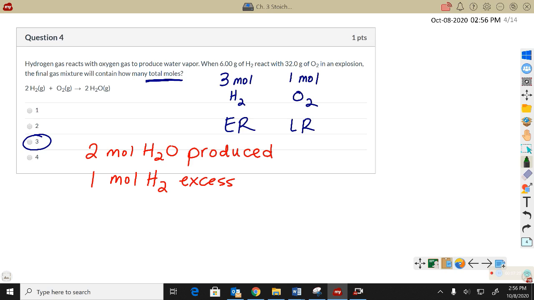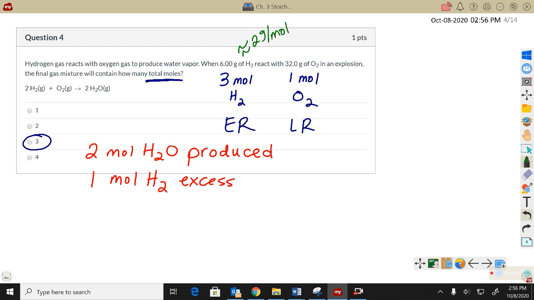Okay, so again, these numbers aren't accidental. I have 6 grams of hydrogen. When you're calculating moles, if it's a diatomic particle, I do need to use the mass times 2. So when I look at the periodic table on a multiple choice, I'm saying that hydrogen's mass is 1, and so H2 is approximately 2 grams per mole.